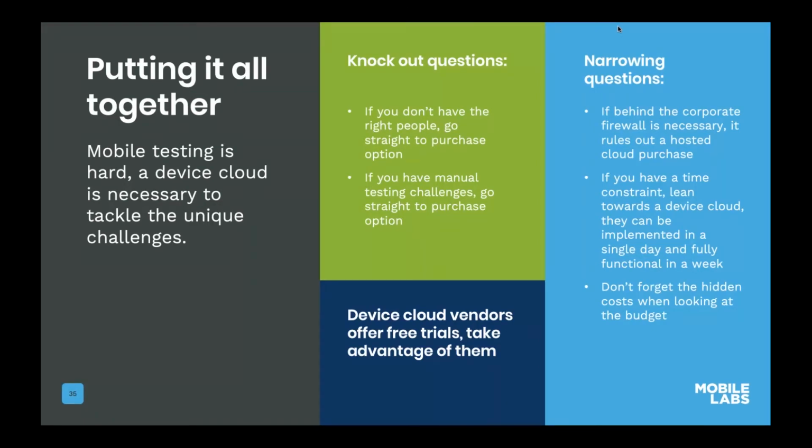Now, narrowing questions that you have really ultimately is you have to look at your security. If it requires you to be behind the corporate firewall, then you've got an option to build or to go with on-premises. If you've got time constraints, lean towards implementing with a vendor. Vendors can implement within a day or 2 or a week and be functionally ready in production testing that week.